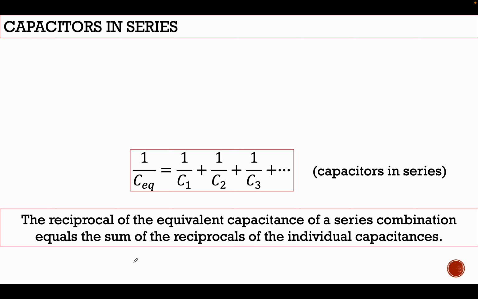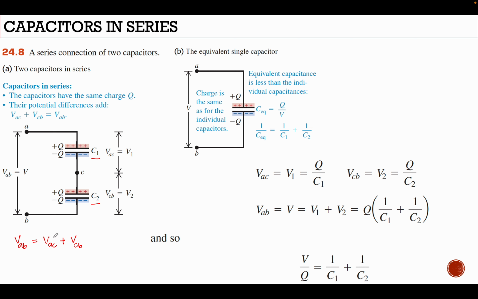we have this one. Take note that to solve for the equivalent capacitance, we have our equation Q over V, or Q over VAB. But since VAB is equal to VAC plus VCB, VAC here, or our V1, is the potential at the first capacitor, C1, and VCB is the potential at the second capacitor, C2.